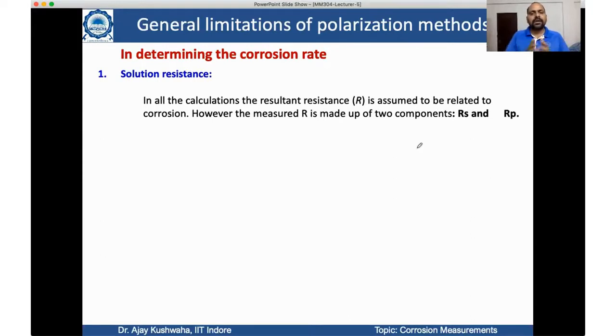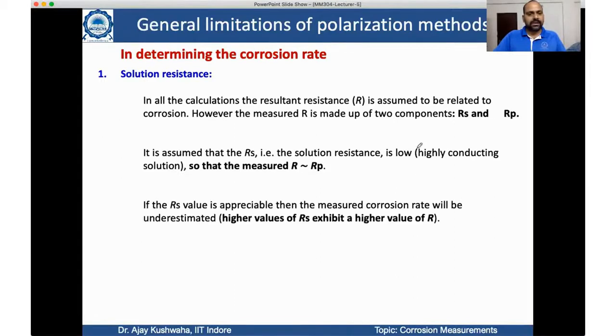So the overall resistance will be added up. Whatever resistance we are measuring, we think this is the resistance due to the corrosion, but actually this has two components. One is the resistance of the electrolyte and the second one is the polarization resistance. So we are doing something wrong here.